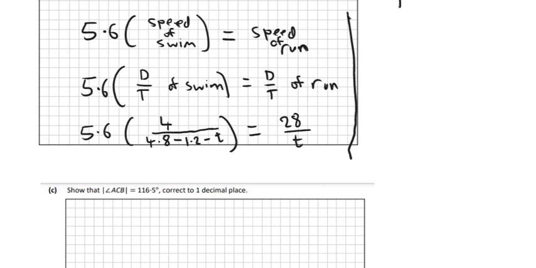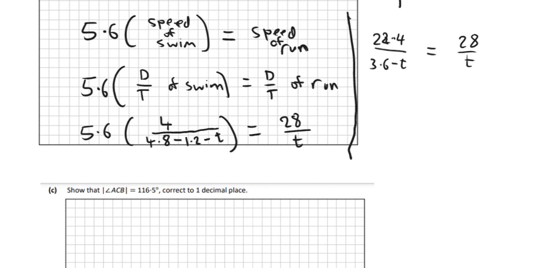So we're going to multiply 5.6 by 4 on top. So we get 22.4 over, and then it's 3.6 take away t. That's when you subtract 4.8 and 1.2, and that will be equal to 28 over t.